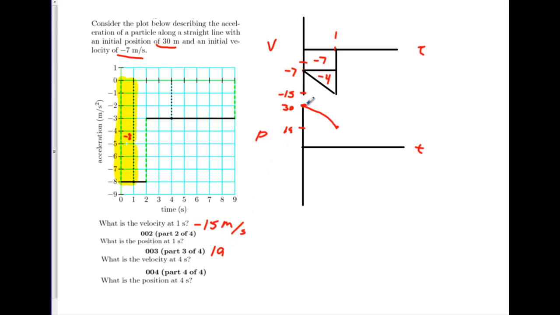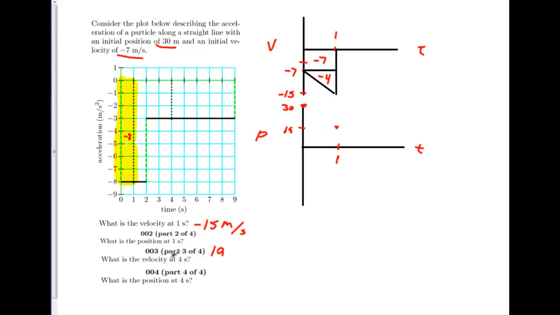Again, all I've taken is my initial position, and I've subtracted out this area here. 30 minus this area 11 gives me a value of 19. So I'm going to be here. Actually, I don't really care what the shape is. I'll just keep it like that because I'm not going to waste time and confuse you with the shape. We just know that at time equals 1, I'm going to be at 19.